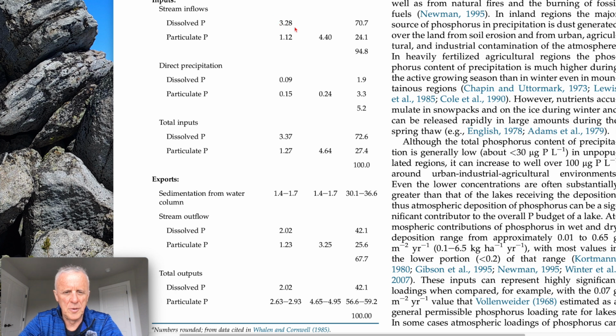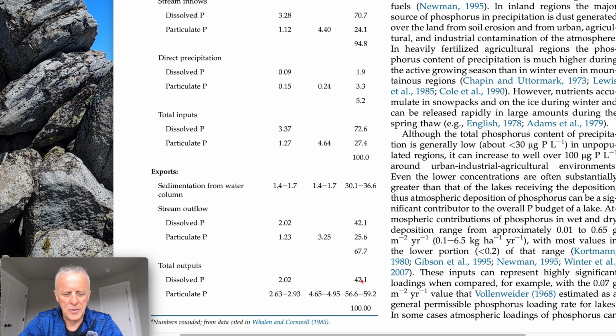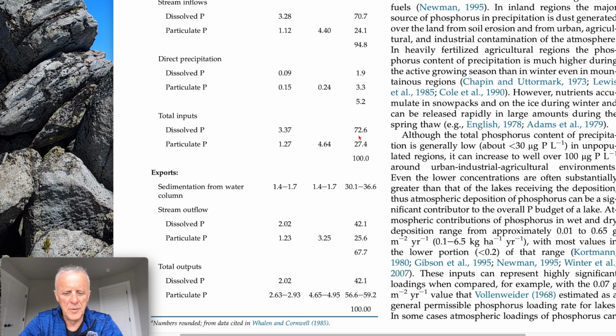So we see dissolved phosphorus leading in the inflows of streams, and it's leading in the export of streams. And then for the total outputs, particulate is leading over the dissolved fraction, which is opposite of the import table, where we have dissolved leading over particulate.